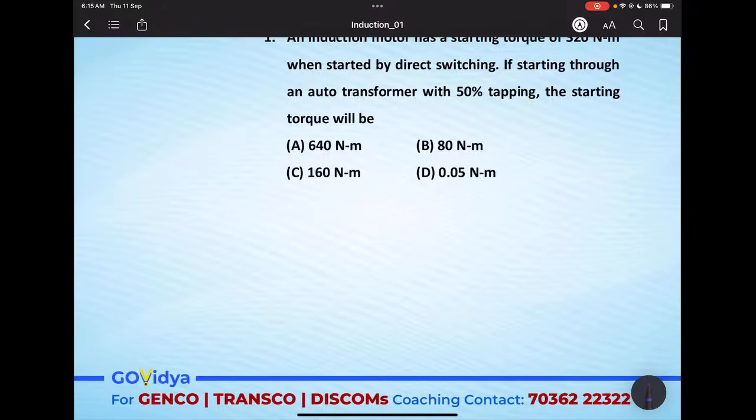The question is given about an induction motor that has a starting torque of 320 Newton meter when started by direct switching. If starting through an auto transformer with 50% tapping, the starting torque will be? Let's note down what is the concept behind the question. The concept behind is auto transformer starting.